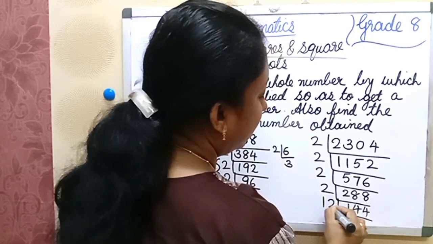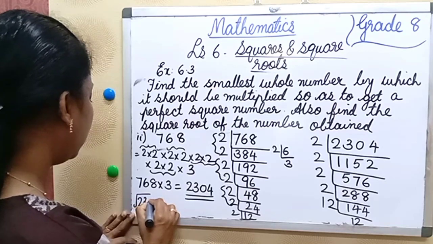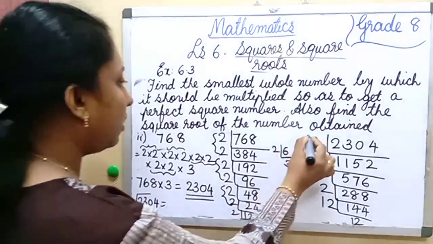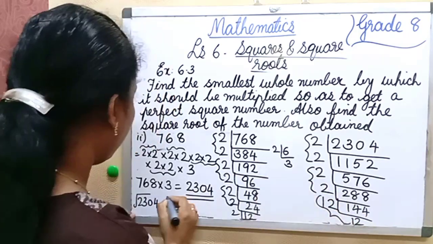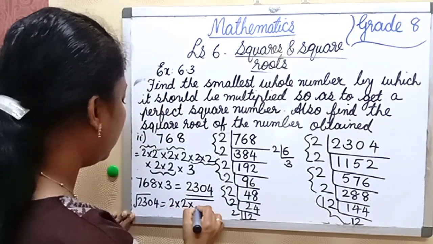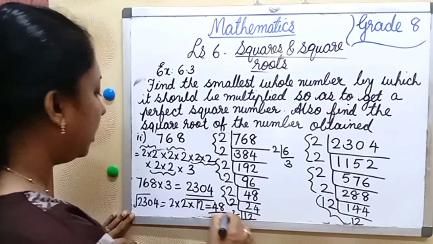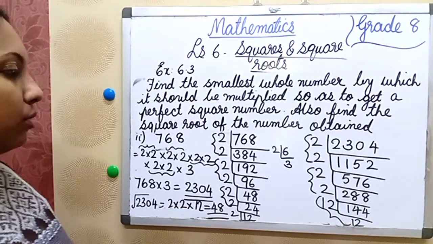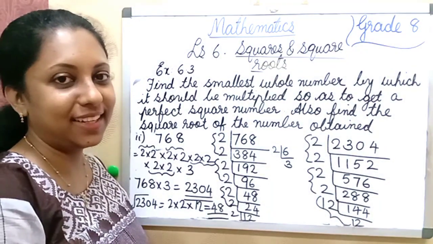Square root of 144 is 12. So square root of 2304 is equal to 2 into 2 into 12. So 12 into 4, that is 48. 48 is the square root of 2304. Hope it is clear.